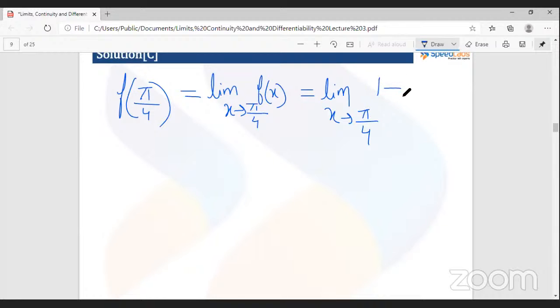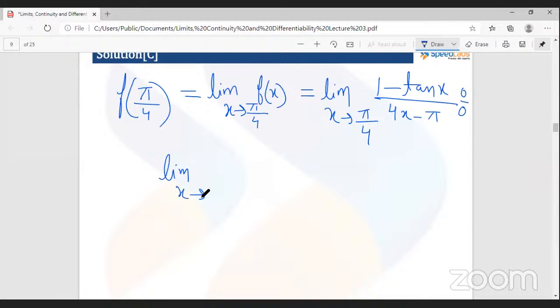Fx is 1 minus tan x upon 4x minus pi. Tan pi by 4 is 1, 4 into pi by 4 is pi, minus pi is 0. So 0 by 0, indeterminate form. So I will apply L'Hospital here.